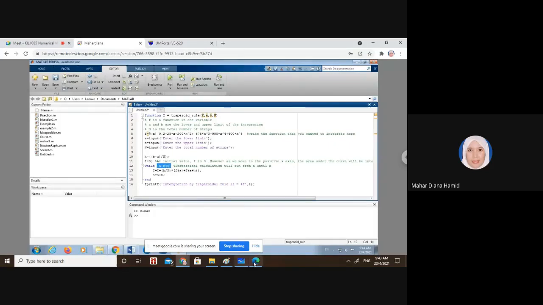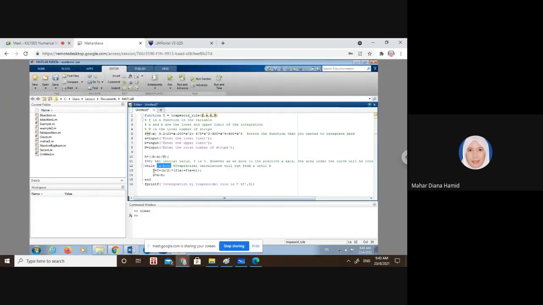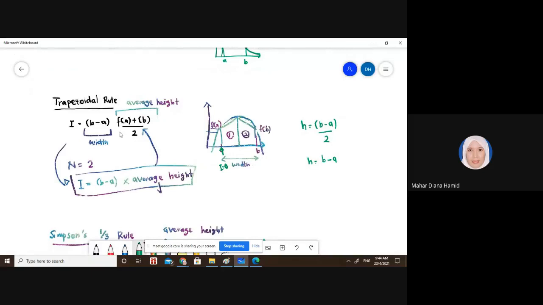So this means that we are going to run the codes from A to B. The value of the integration would be equal to I, where I refers to the initial I. In this case, it's 0 plus h divided by 2. So h divided by 2 is actually B minus A divided by n divided by 2. So if we refer back to the trapezoidal rule, this is actually the formula for the trapezoidal rule.